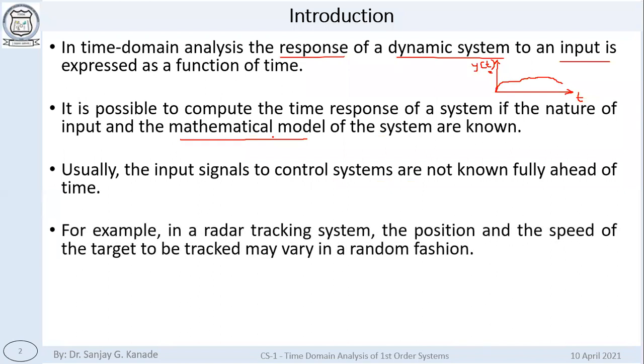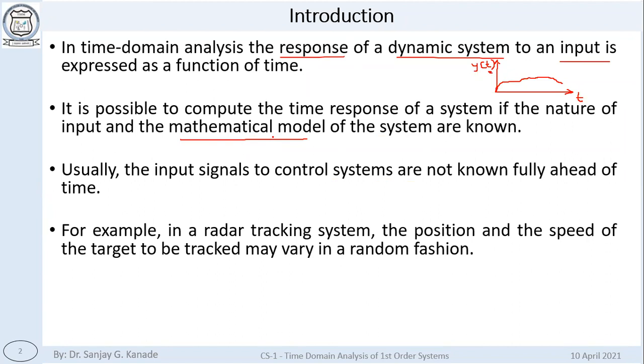So instead of doing something randomly, what we do in time domain analysis is apply certain standard test signals to the system, find out the outputs, and analyze those outputs.